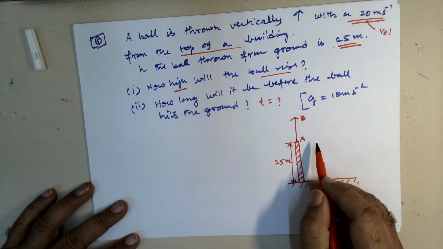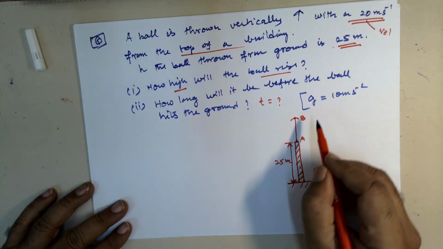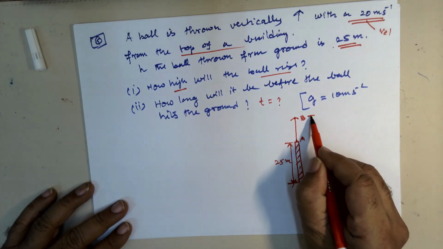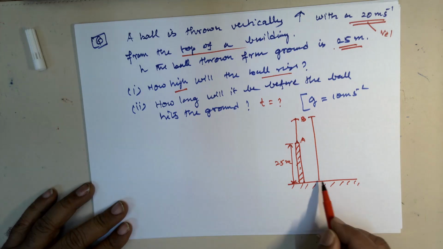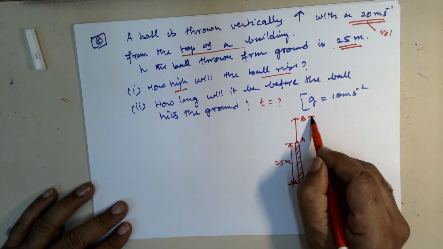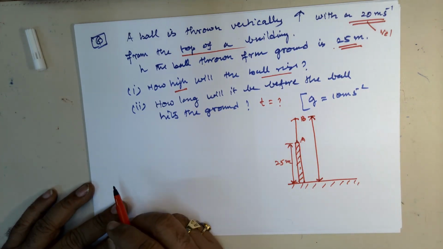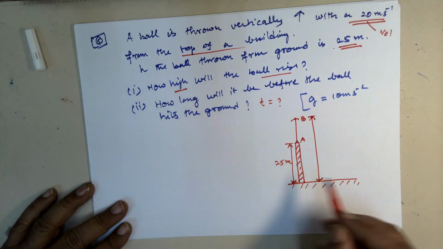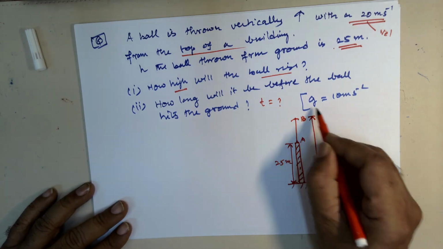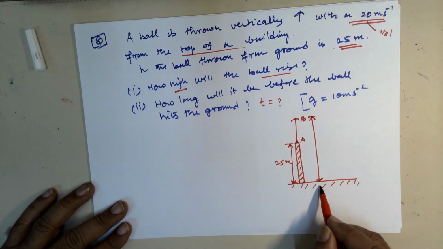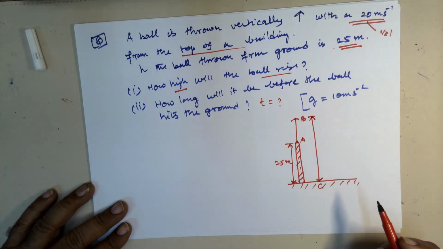And what about the total height? That is the question asked here. Please draw this. Okay, so let me say this is before it falls on the ground. That is the point at which the ball hits the ground.